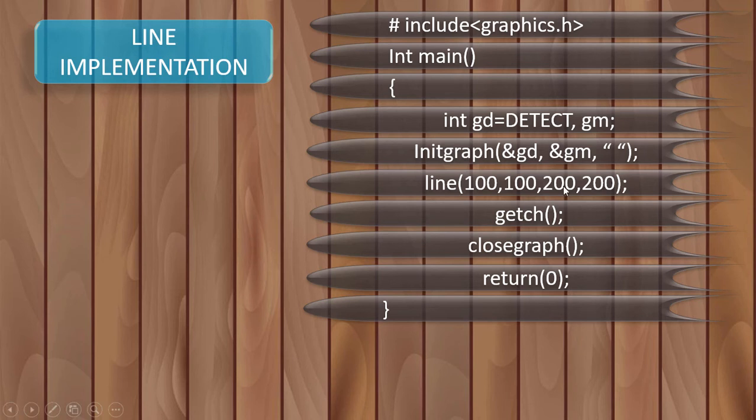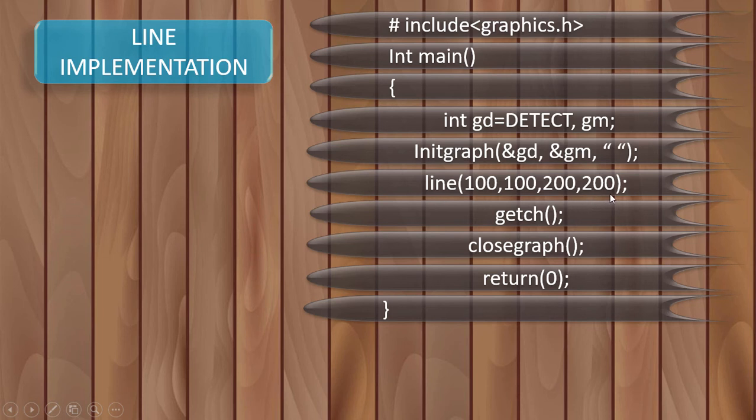Now we have to initialize our graph with the initgraph method, which has 3 parameters: the address of GD, which will point to the detection of the graphics driver; second, the address of the graphics mode; and the third is an empty double quote, which will directly fetch the BGI path of that graphics program.